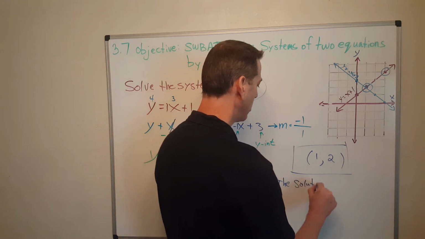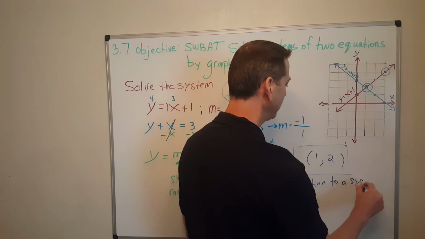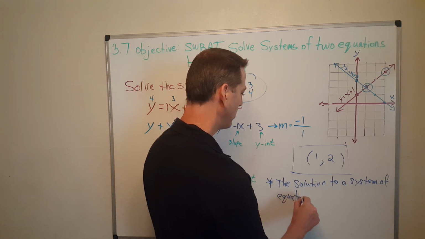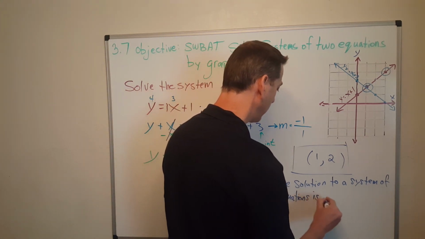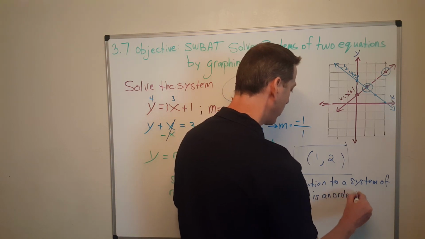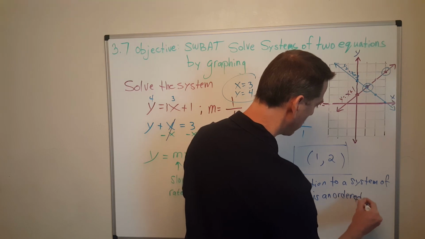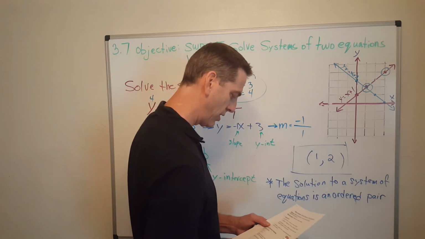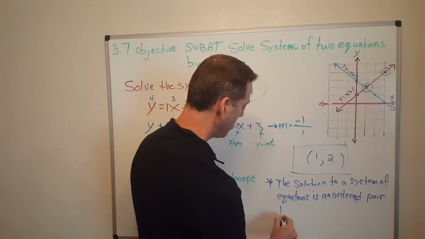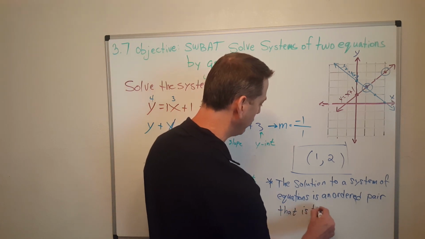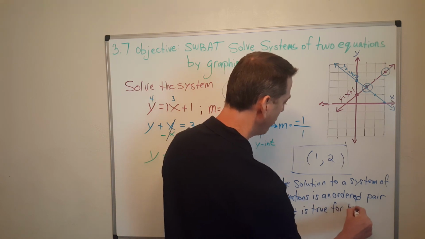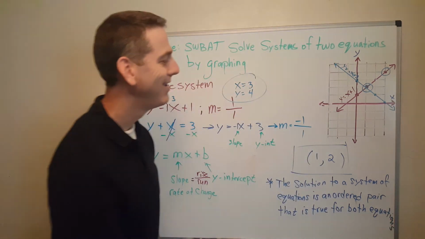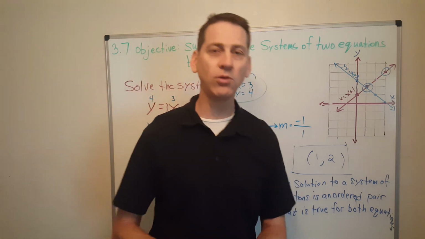The solution to a system of equations is an ordered pair that is true for both equations. That's all it is. So here's the whole lesson in 2 sentences.